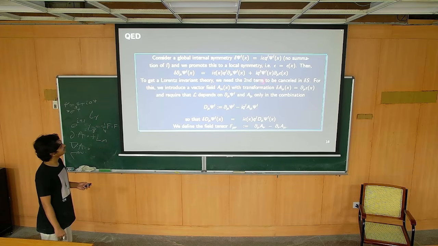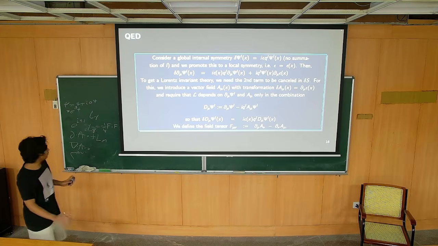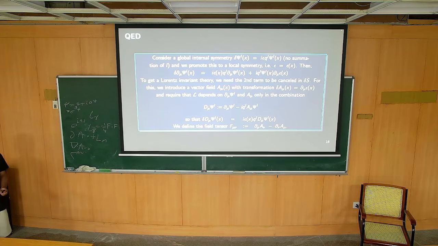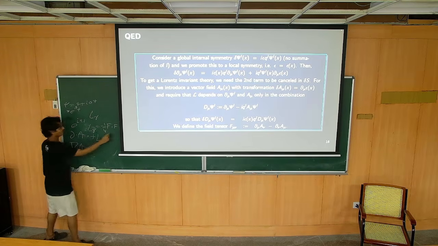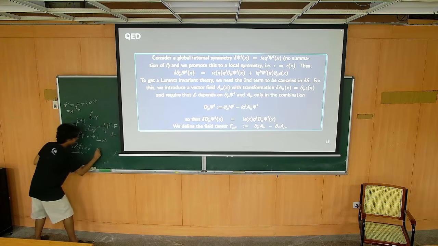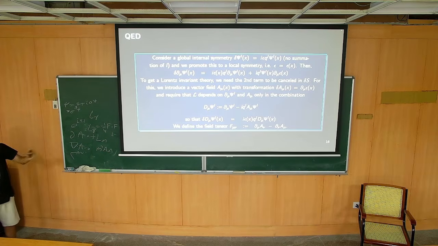So we define something like this, called the covariant derivative. Now, you ask why it does not have mass. The Higgs reasoning will come. But here, if you write this with a mass term, m squared A squared, something like this, then it is no longer invariant under the gauge transformation.